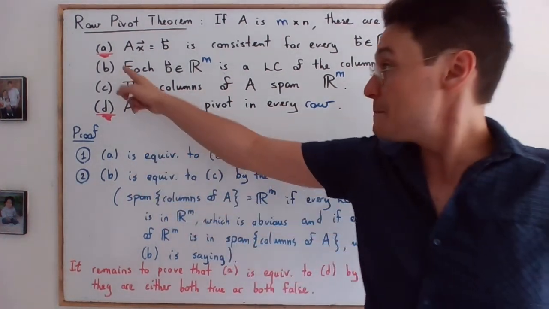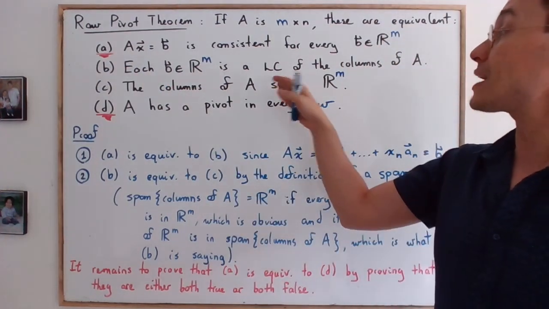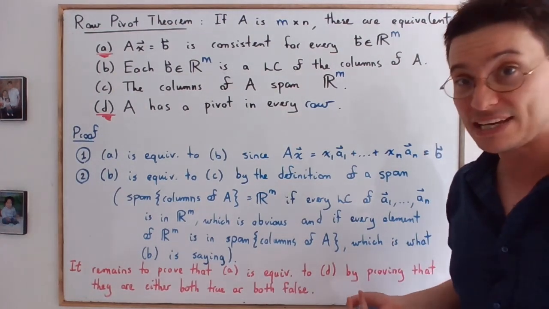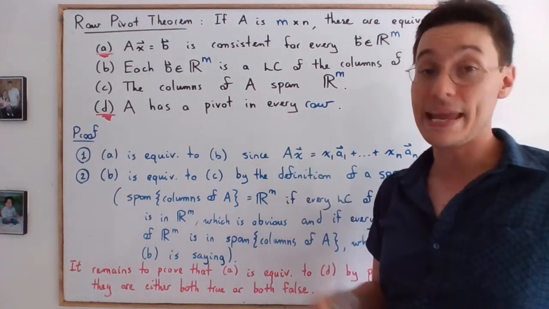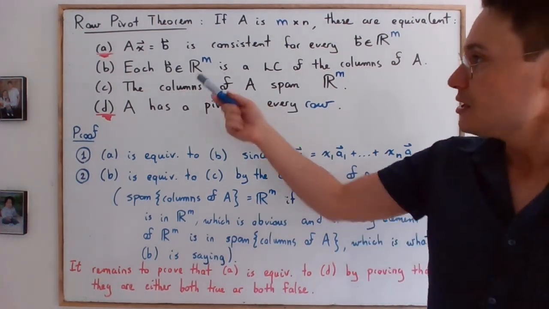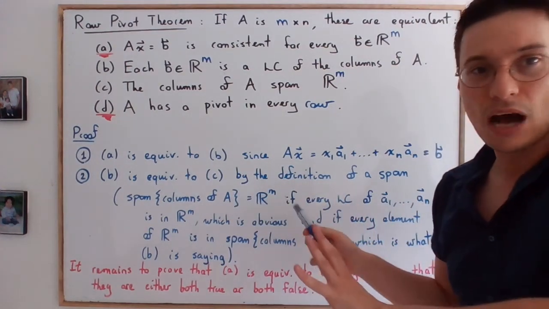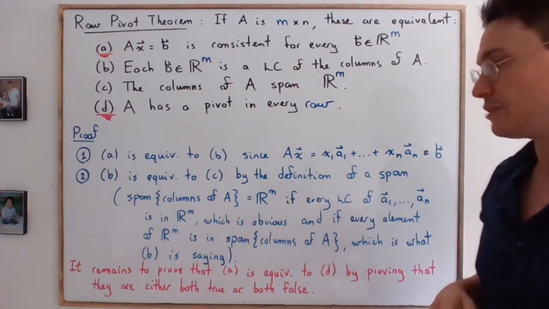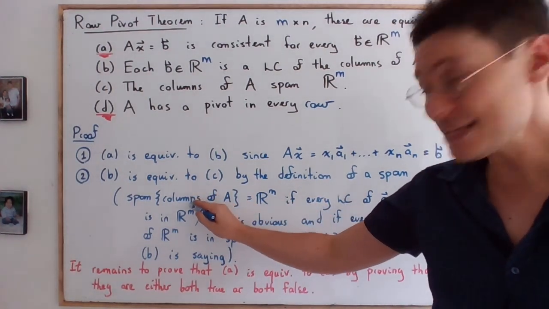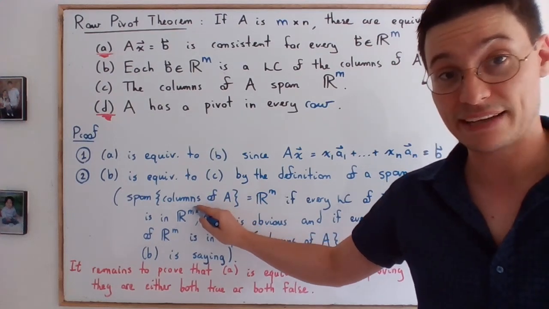Now B is equivalent to C by the definition of what a span is. The span is the set of all linear combinations of the columns of A. I will just read this and comment a little bit because it's easy to get confused. This is a set of vectors, this is a set of vectors.